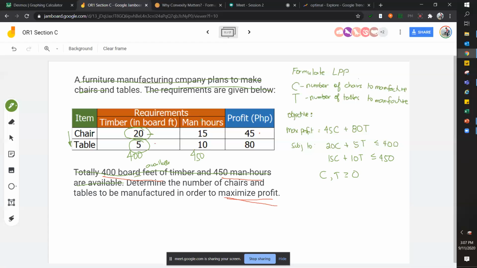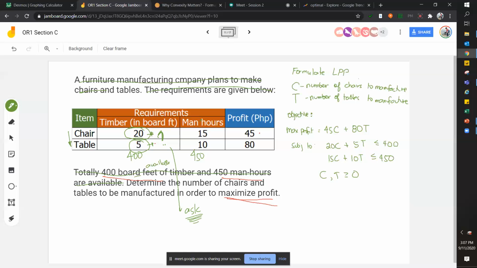Nakita nyo to, yung area niya. Mas madami kang timber, mas maraming kahoy na magagamit in producing one chair. Ganoong kalaki yung chair na yun as compared sa table. So, syempre, it poses a question. And then, kayo as engineer, you have to ask it. Okay?